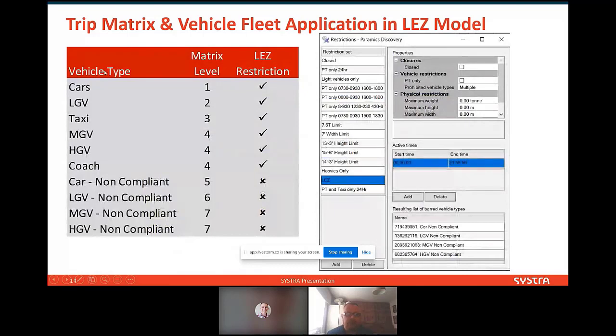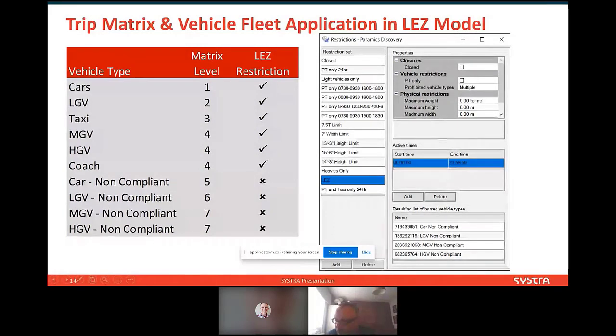Just to reiterate, there was a matrix level for each vehicle type, almost. Matrix levels 1, 2, 3, and 4 were our compliant vehicles, and matrix 5, 6, and 7 were our non-compliant vehicles. And this is where you can start developing your restrictions within the traffic model.